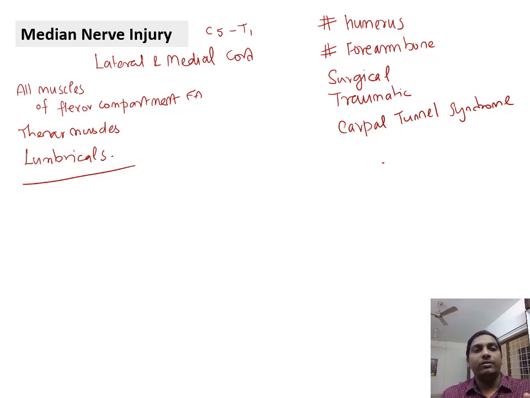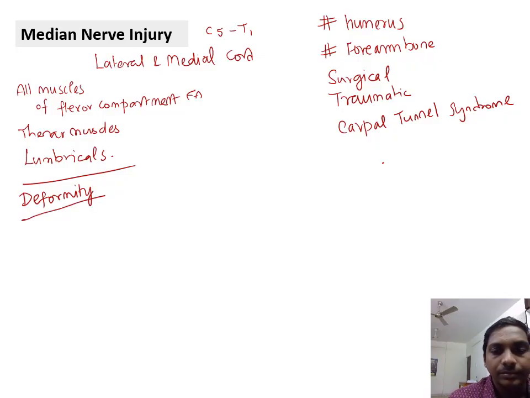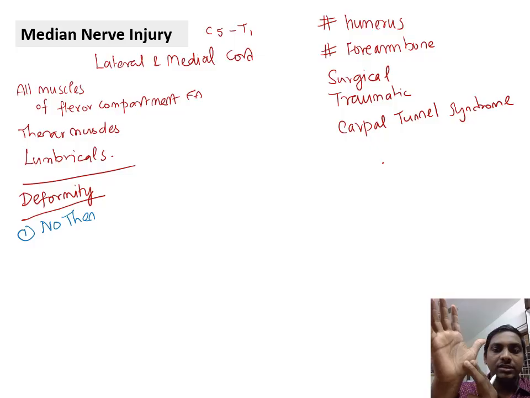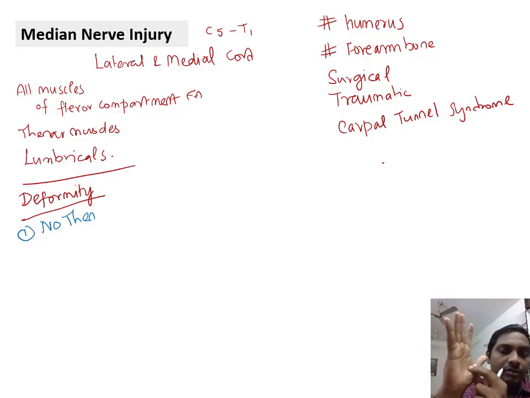What are the deformities that the median nerve injury can cause? Number 1, when the thenar muscles become paralyzed, they become atrophied. So there is no thenar eminence. I have the bulge in the thenar aspect.